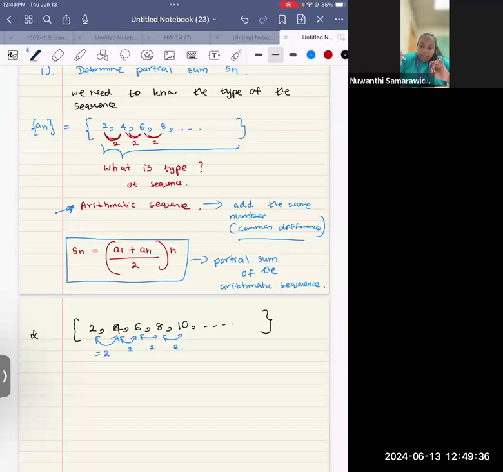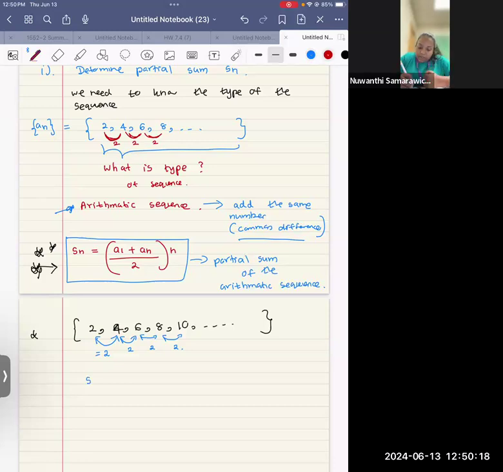Then the partial sum of the arithmetic sequence is this formula. You don't need to know the proof of how we get the partial sum, just remember this is the partial sum of an arithmetic sequence. In the exam I will give you these formulas.